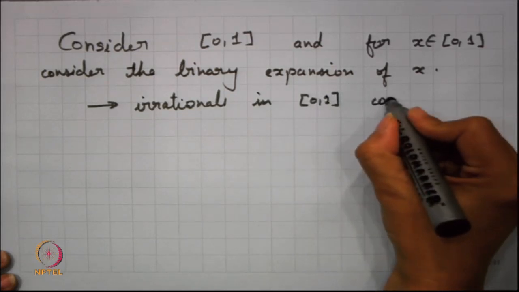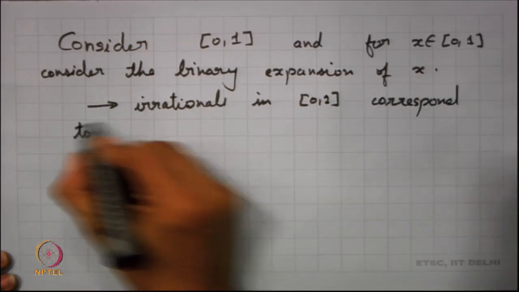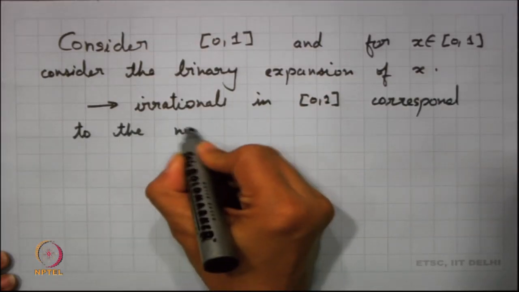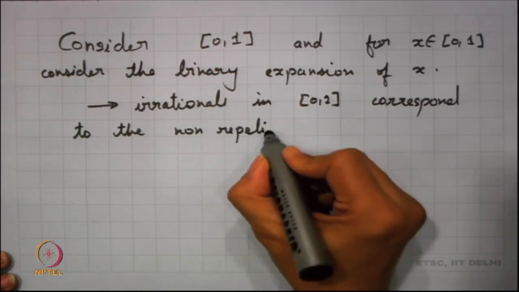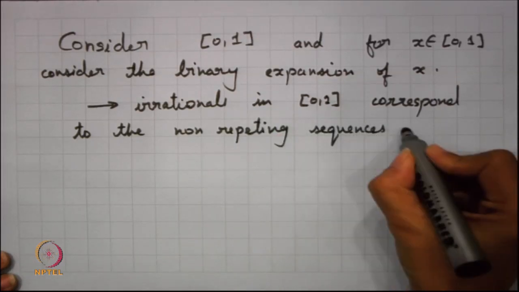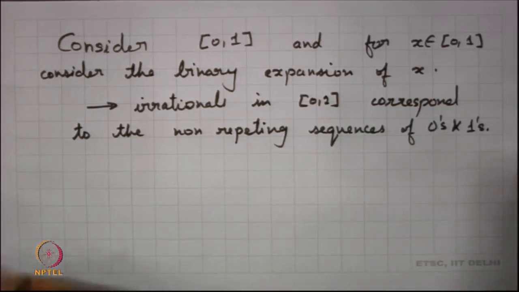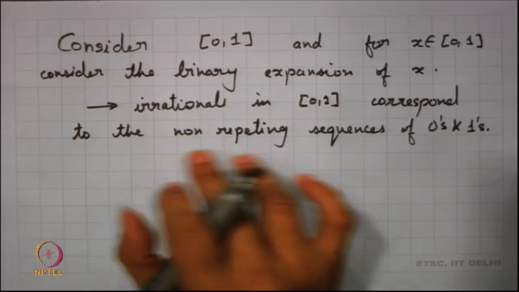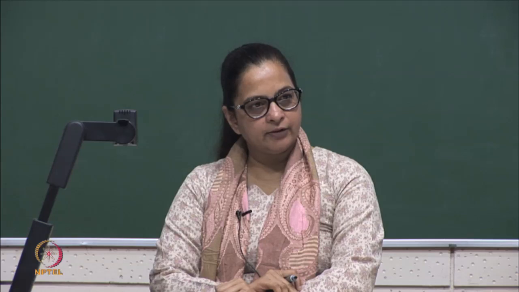correspond to the non-repeating sequences of zeros and ones, and we know that there are uncountably many irrationals. Now, let us go back to our sequence space.